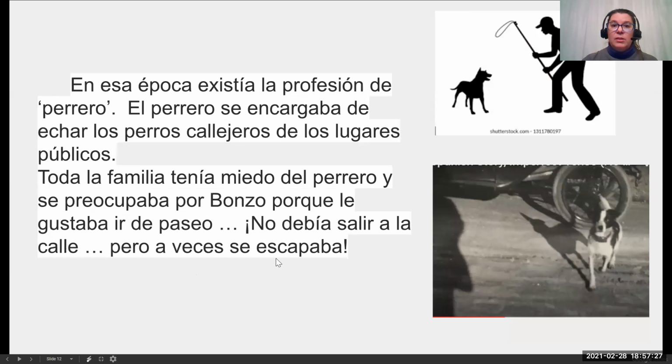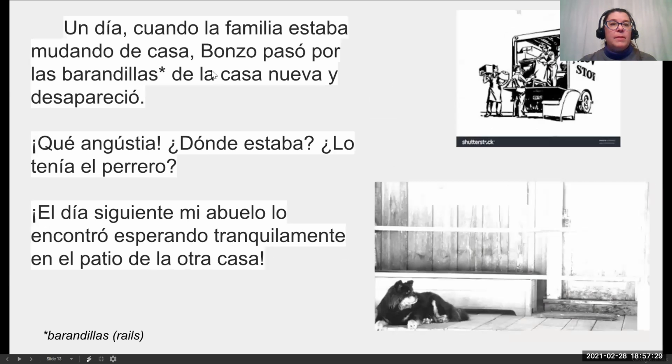Remember cognates. Familia. Escapaba kind of looks like escaped. Angustia, anguish. Tranquilamente, tranquilly. Patio. Also, sometimes you see these little asterisks. Barandillas, rails. Okay, so get the impression, right?